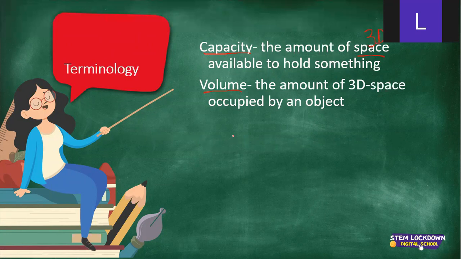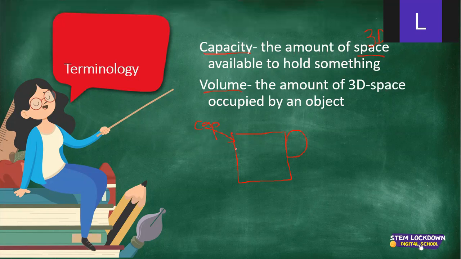So for example, if I have a cup, the space within the cup is my capacity. Now volume is the amount of 3D space occupied by an object.